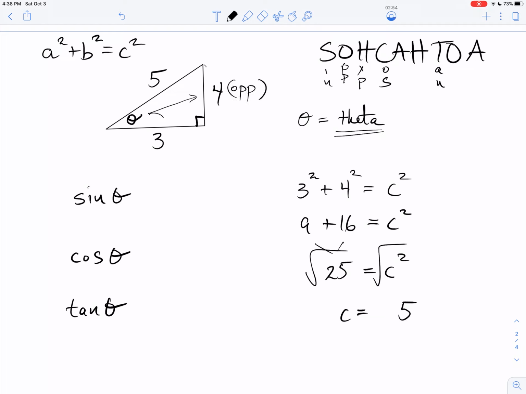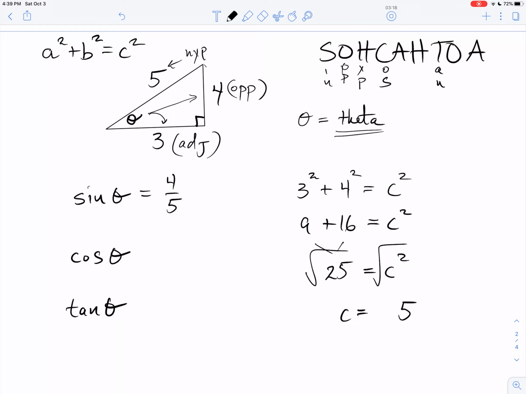This guy over here would be adjacent. And of course, the longest side and the side opposite our right angle is going to be our hypotenuse. And I'm hoping you're going, wow, cool, something I remember, I can do this. Opposite over hypotenuse. I am done.